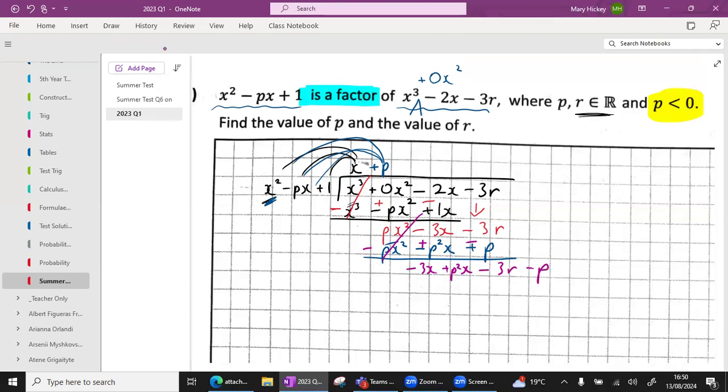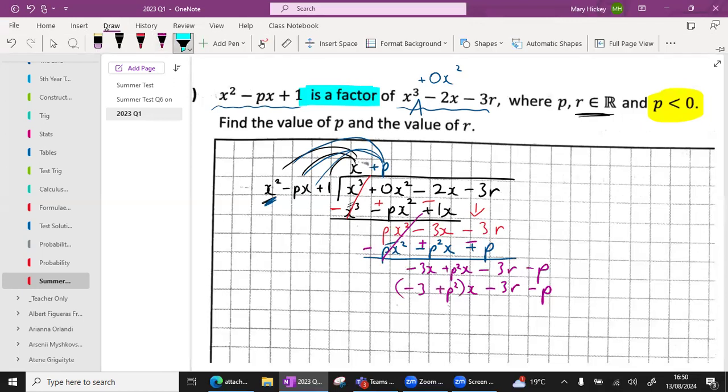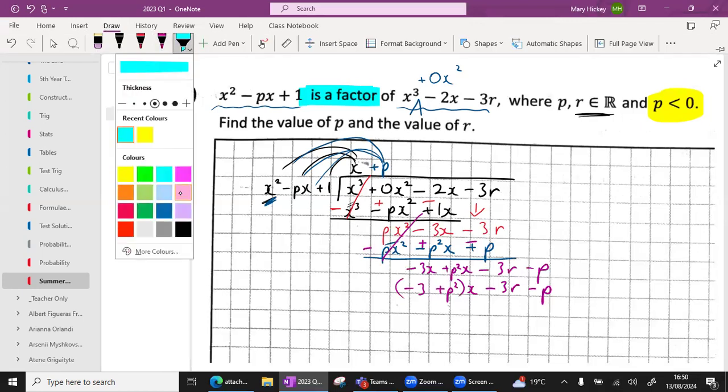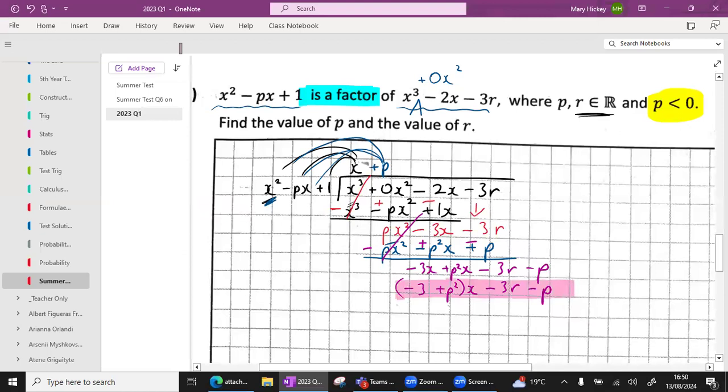Now, I'll just rewrite that in a little bit more user-friendly way. So all I've done there is factorize out the x so that I can see that that's the x term, and then this is, I suppose, the number term. Now, what did we say at the beginning? We said at the beginning that if this is a factor, then this is supposed to be 0, because otherwise it's not a factor.